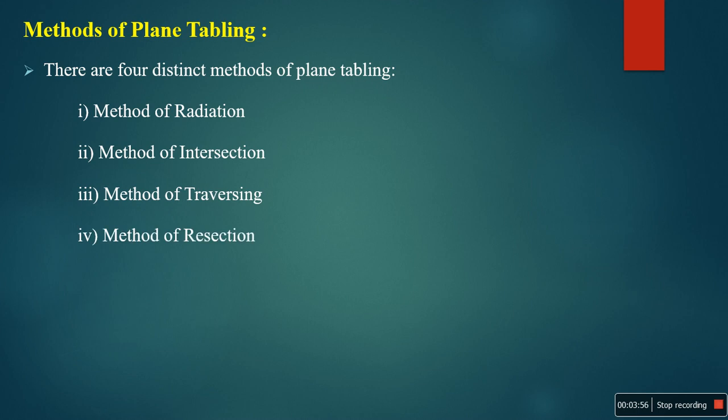These are the main 4 methods. We have to discuss the procedure with respect to the methods. In today's class we discuss only 2 methods, the first and the second. We have to discuss them with diagrams and the procedure for conducting these methods. Next, we start with the method of radiation.